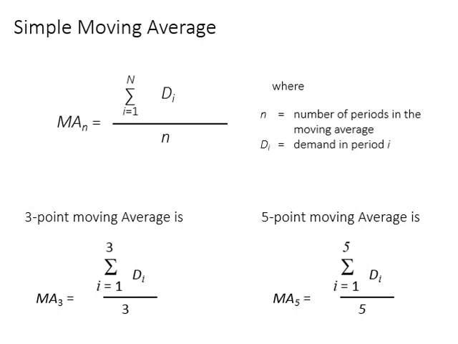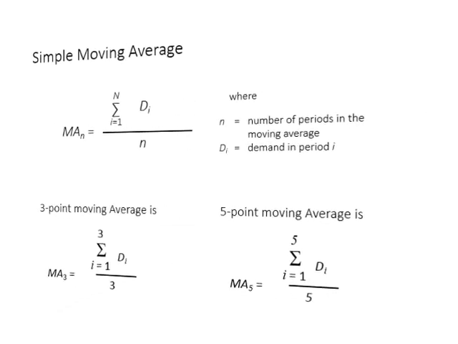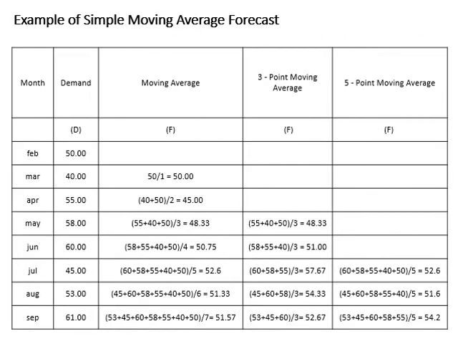The choice of 3-point or 5-point moving average depends on how many previous data points the forecaster wants to consider for the forecast. Here is an example to show the computation of the simple moving average, 3-point moving average and the 5-point moving average. In the problem, the month and the related demand is provided.